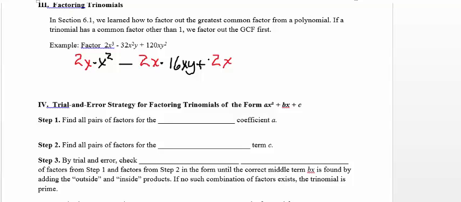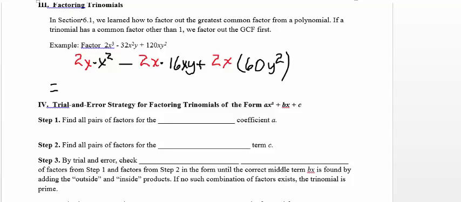And it multiplies by positive 60y squared to give my last term.